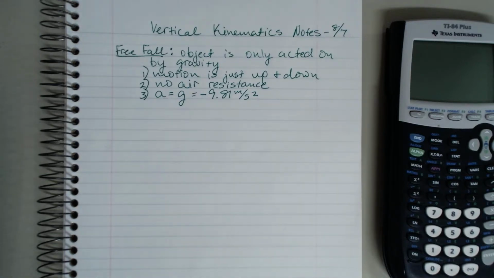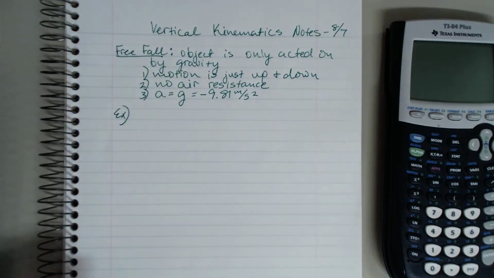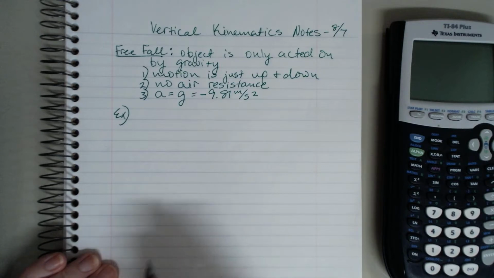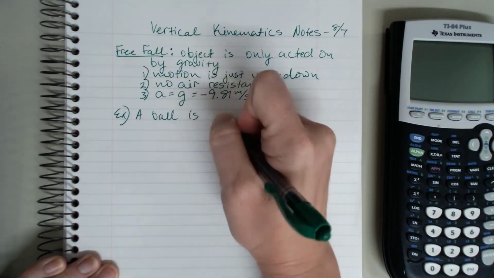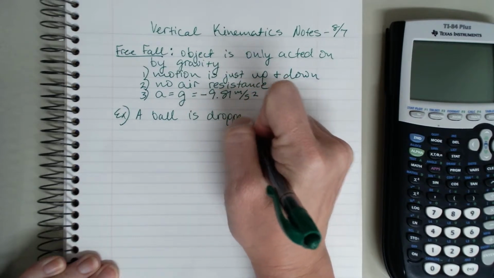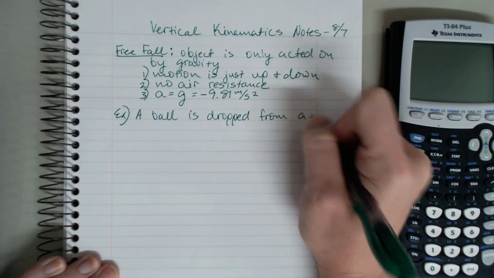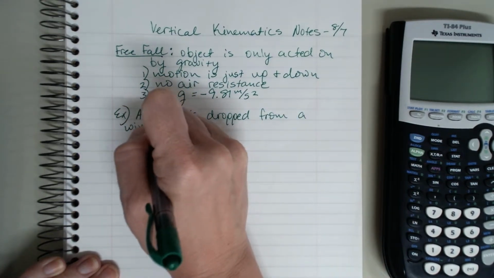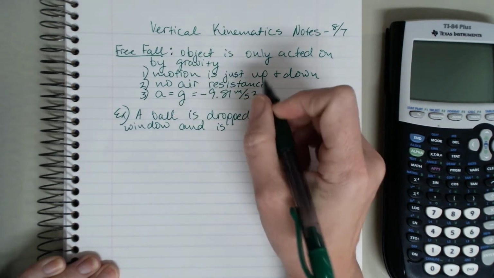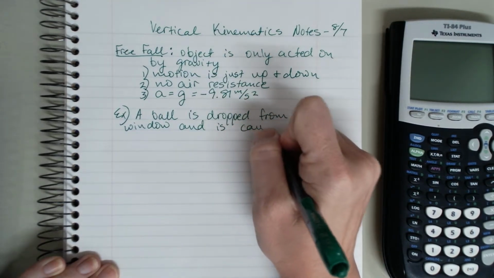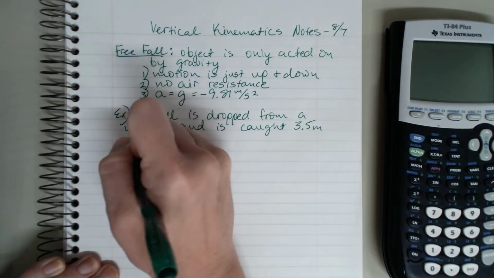All right, so let's do an example problem. We'll jump right in. Okay, so I have two examples for you today. First example problem. Okay, you have a ball that is dropped from a window and is caught 3.5 meters below.